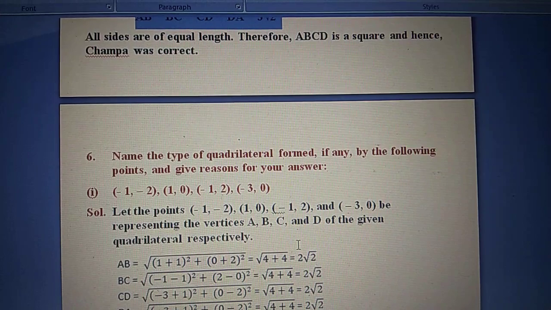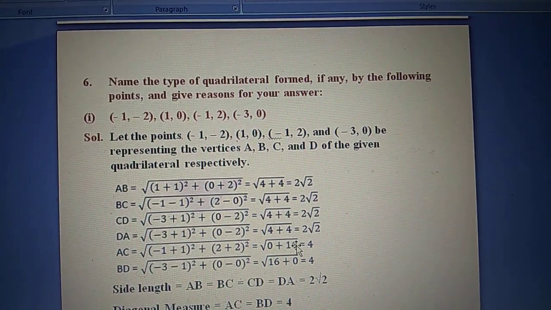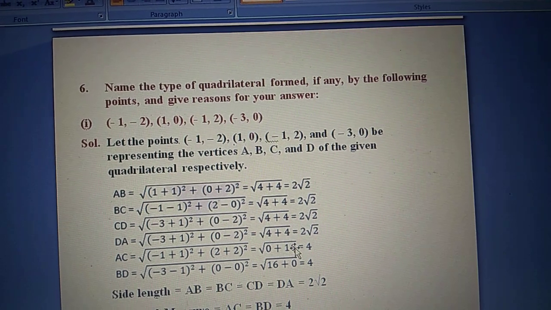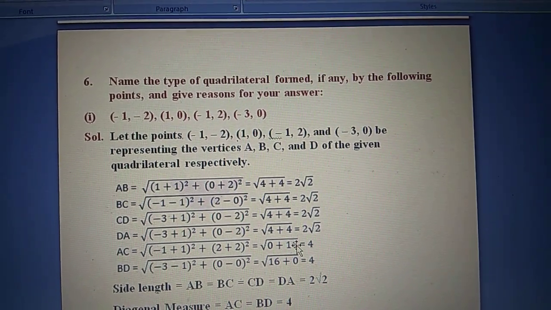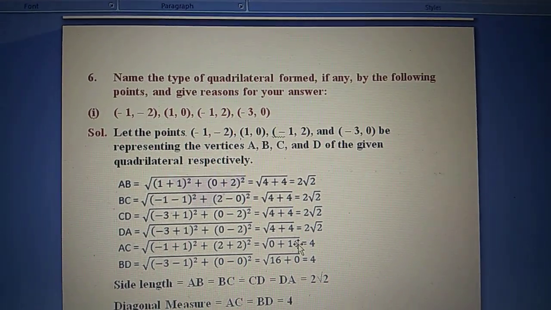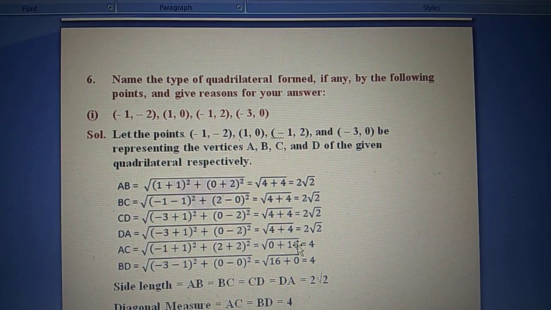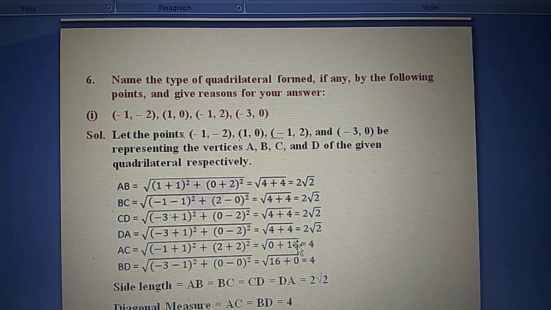Now let's move towards question number 6. Before proceeding, I would like to recall one thing: in class 9th, we have read about quadrilaterals, in which a quadrilateral with all sides equal can be a square or a rhombus.